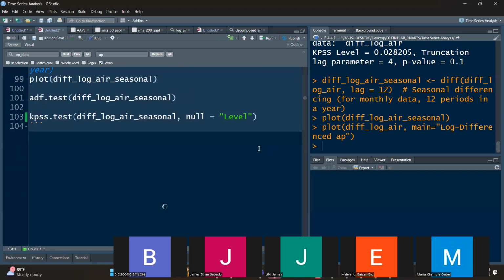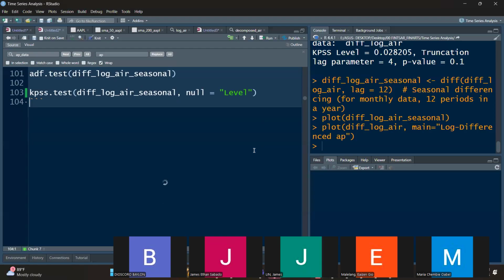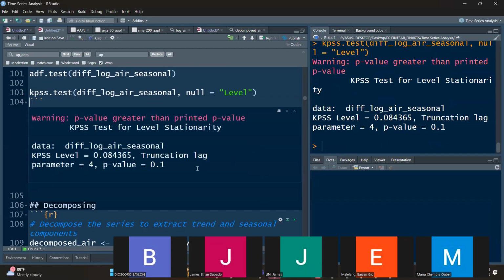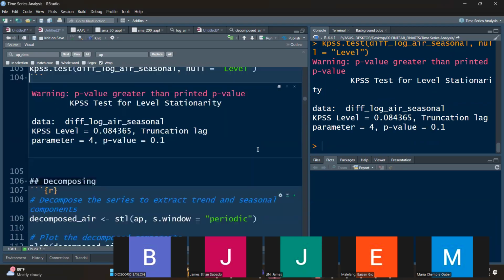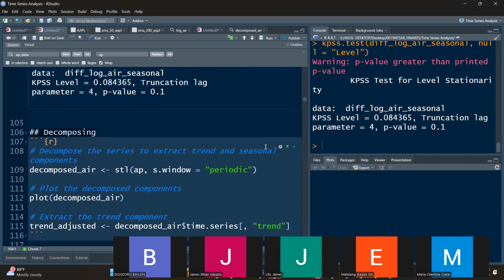Then we also get a p-value that is greater than 0.05. So the conclusion is that we fail to reject the null hypothesis that this has no trend, because indeed there's no more trend, and the seasonality seems to have been removed.